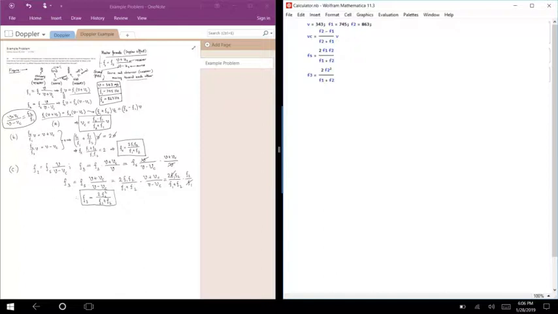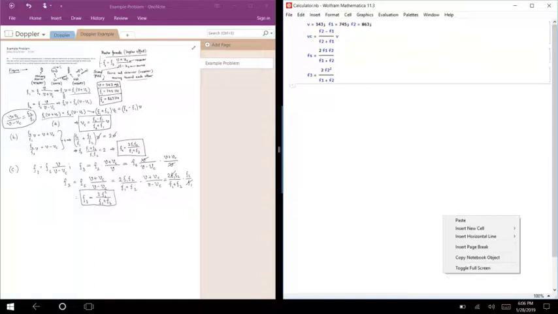You can use Wolfram Development Platform, or you can use your calculator. So Vc here is equal to F2 minus F1 over F2 plus F1 times V. I've written out exactly that formula, and my V is 343 meters per second. F1 is 745, F2 is 863.